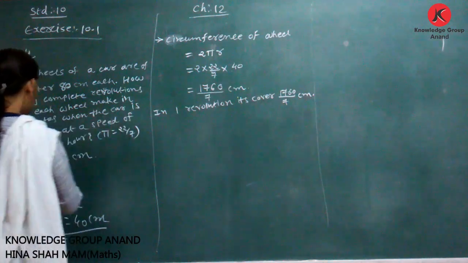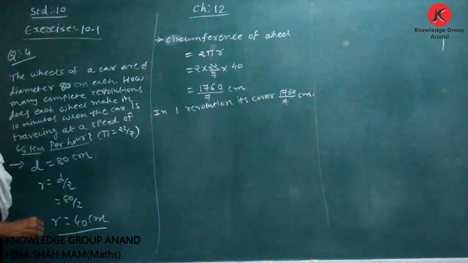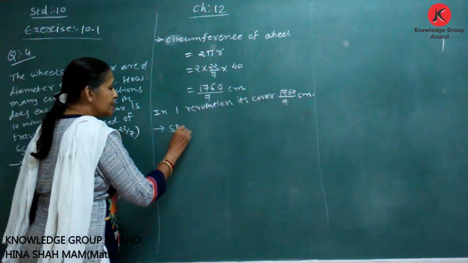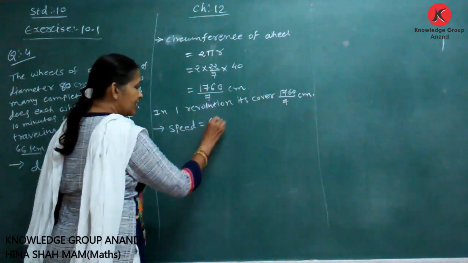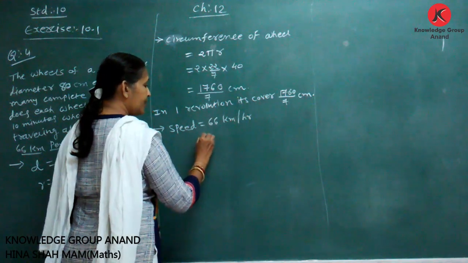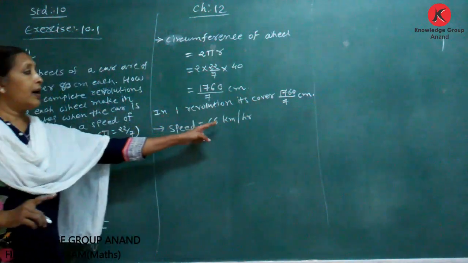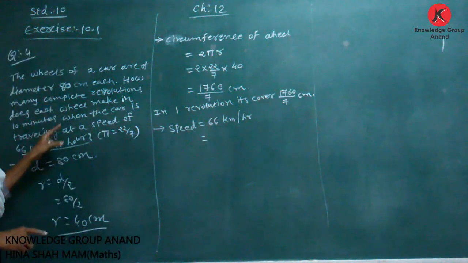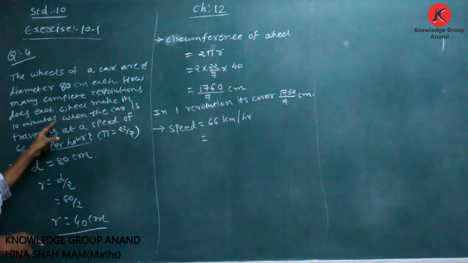Now, what is given? Speed in kilometer per hour. Then we find speed is equal to 66 kilometer per hour. We convert into centimeter and minute. We have to find the revolutions in 10 minutes.